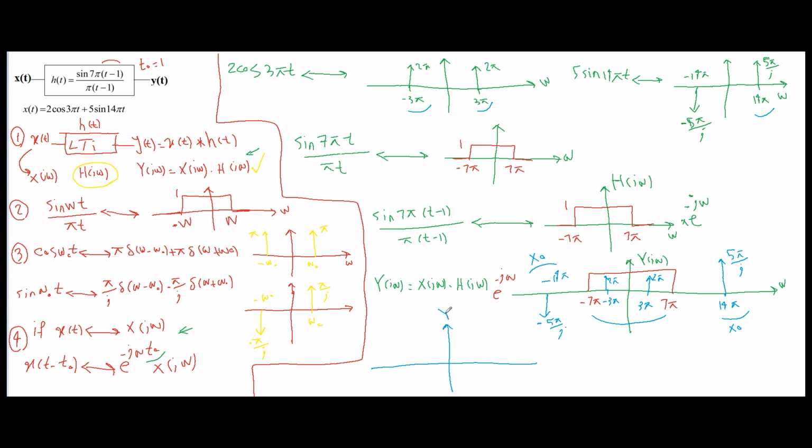As a result, Y of j omega consists of two impulses, one at 3 pi with amplitude 2 pi and one at minus 3 pi with amplitude 2 pi, both multiplied by e to the power of minus j omega.